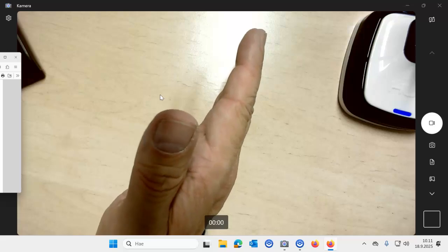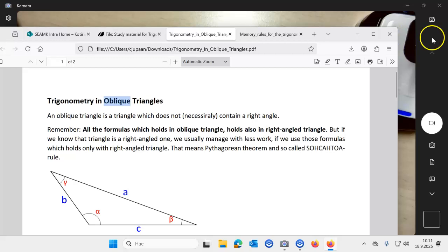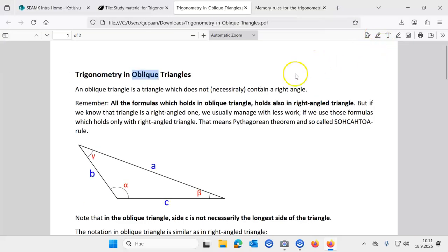For example, a wall is vino, so it is not a straight wall. Vinokulmainen means that the angles are not right angles. But this could also be said as rules that hold in every possible triangle.